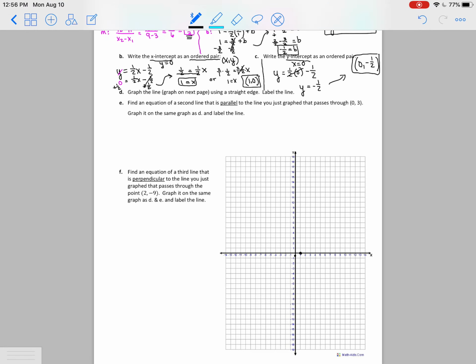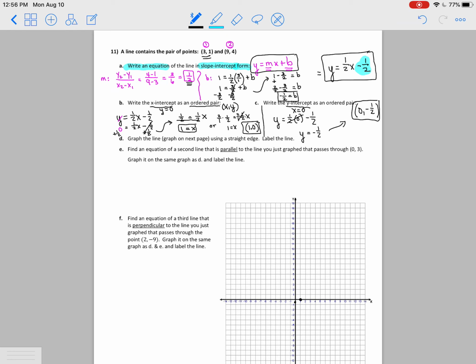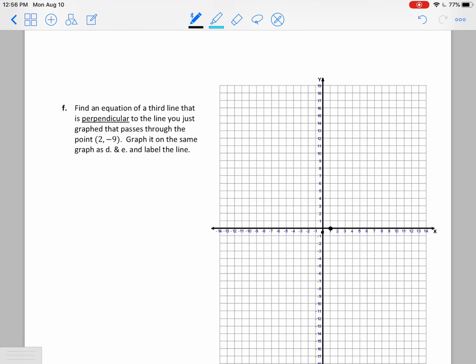I would suggest to go back to your original equation, remind yourself of what your slope is. Your slope is 1/2, and so you can actually plot several other points. If your slope is 1/2, it means we rise 1 and we run 2. We rise 1 and we run 2.